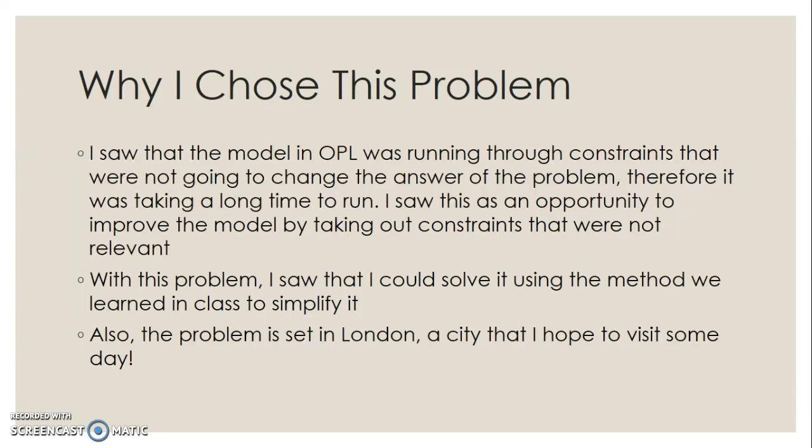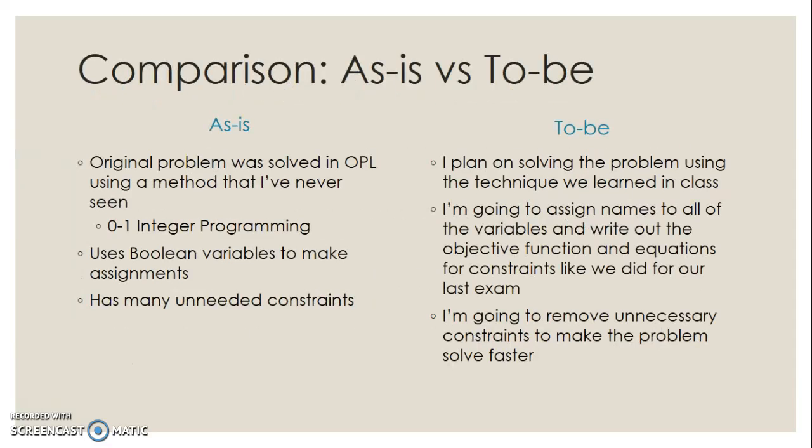So I saw that as an opportunity to improve and to make some changes. I also saw it as an opportunity to model it in the way that we learned in class, which is different than how the problem was originally modeled. And the problem is set in London, a city I hope to visit someday, so that just made it a little more fun.